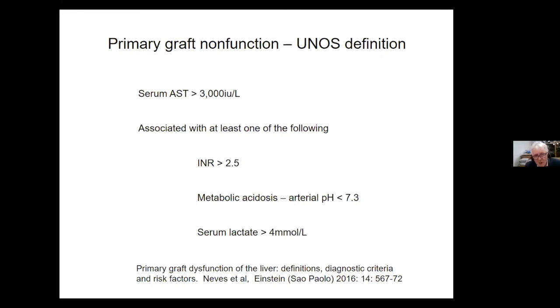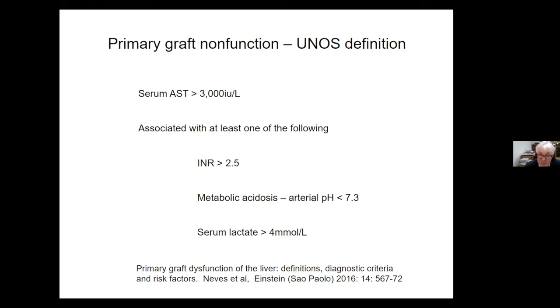Primary graft dysfunction, according to UNOS, has been defined with a serum AST of greater than 3,000. Actually, I think that's a little on the low side, because if a patient has a first day AST of 3,000, my expectation is that that graft will survive, providing the patient doesn't get into any other complications.